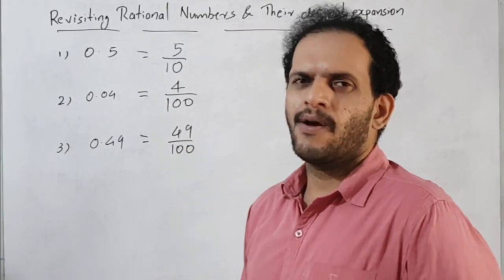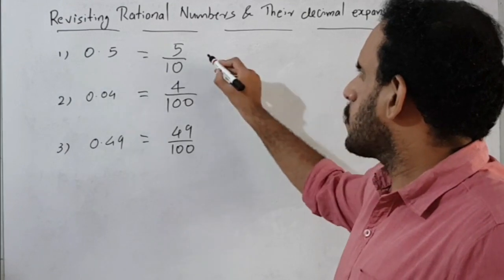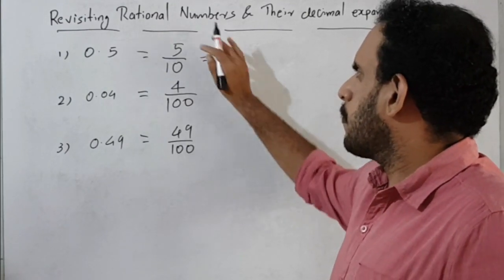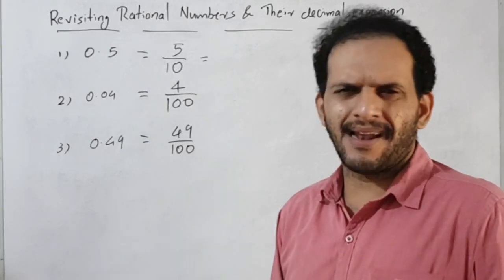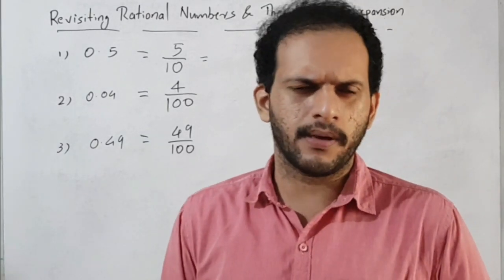Next, we convert one more step: 0.5 is equal to 5 by 10. 10 means 10 raised to 1, the least power of 10. Correct?